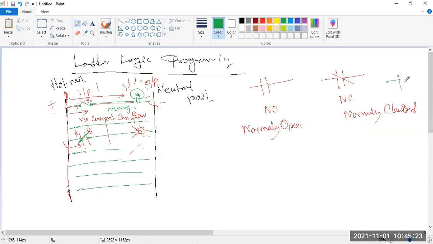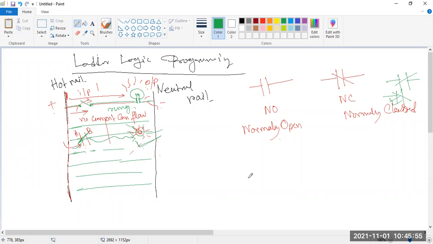If it closes, then current can flow from A to B, and then it goes to the indicator, and the indicator glows. So you can realize which one is the NO switch, which one is the NC switch, and what the formation is.